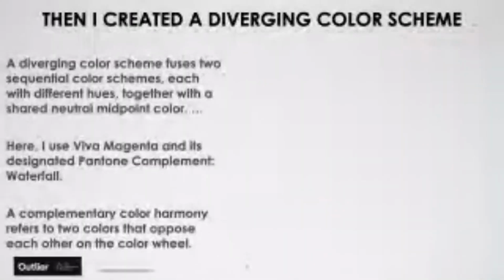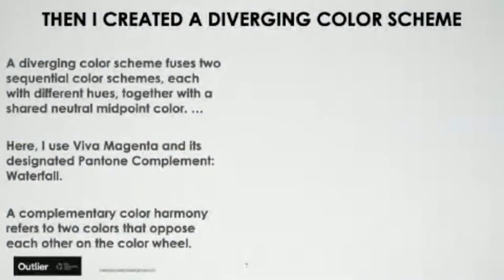So I went on to my next adventure, which was building a diverging color scheme. Now, to do that, we need to take Viva Magenta and fuse it with another sequential color scheme, and have a white midpoint.